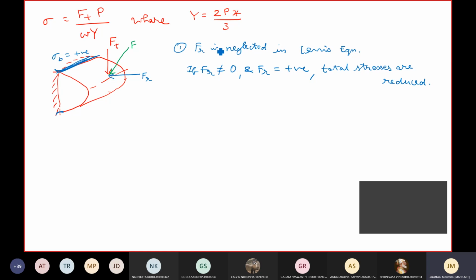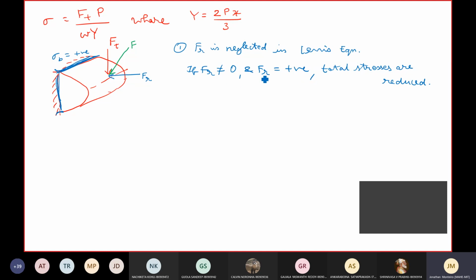Fr is neglected in the Lewis equation, yes. So we are considering a case where Fr is equal to 0. Then we are designing it. So that means even if Fr is there, it is going to help us. It is not going to cause any undue stresses on the root of the gear. So that is one very important conclusion: even if Fr is neglected, even if it is there, it will be positive.